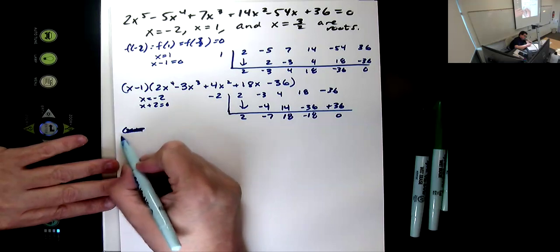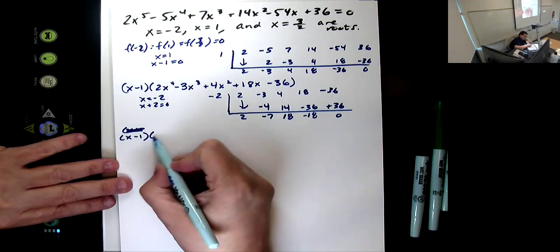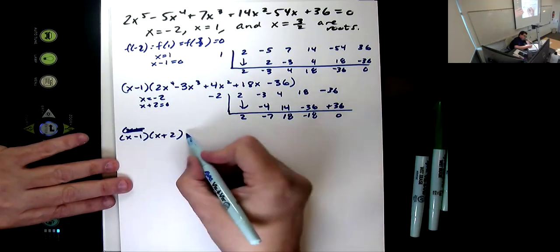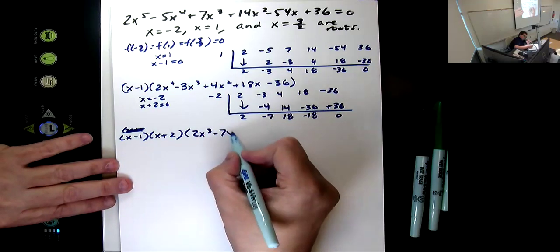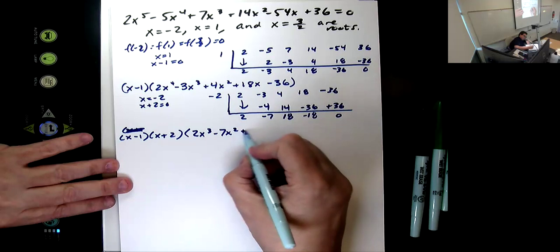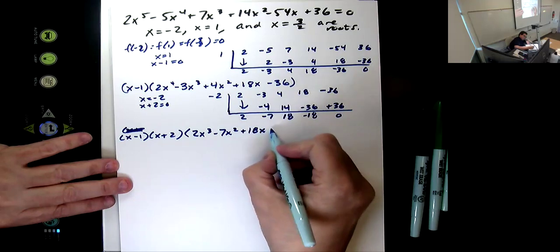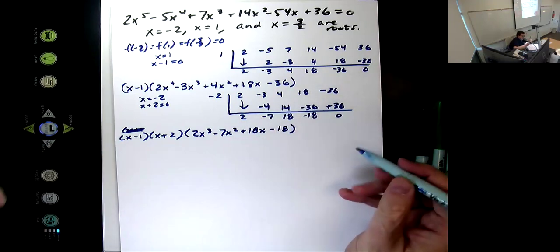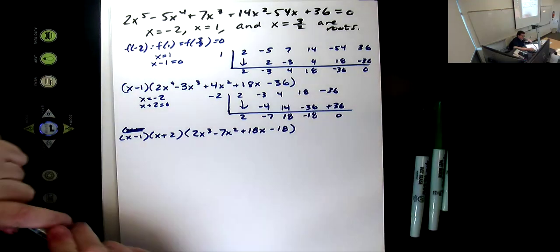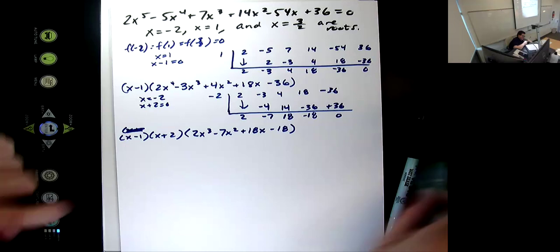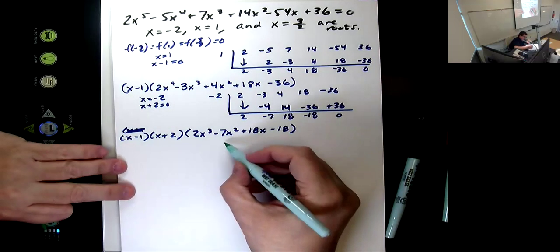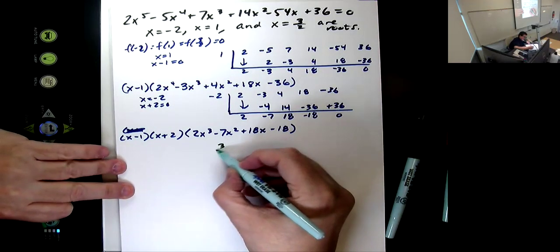Oops. X plus 2. And then down to 2x cubed minus 7x squared plus 18x minus 18. And if I want to go smaller, I'm gonna have to deal with that shitty 3/2. I know.